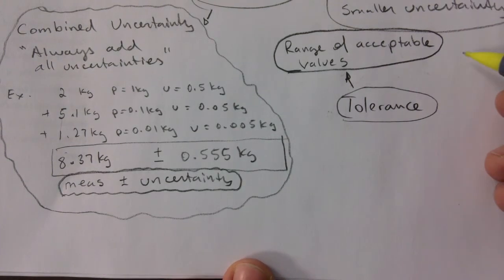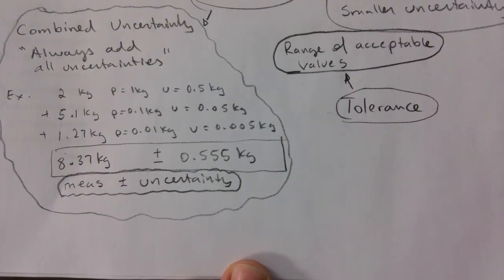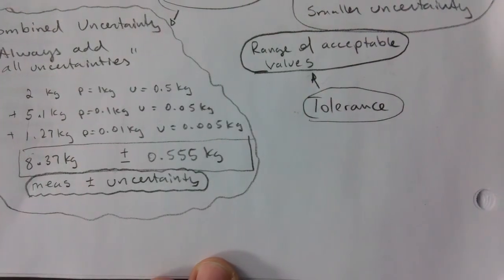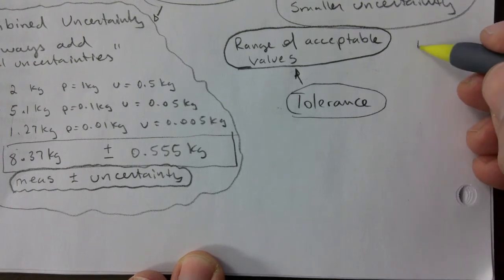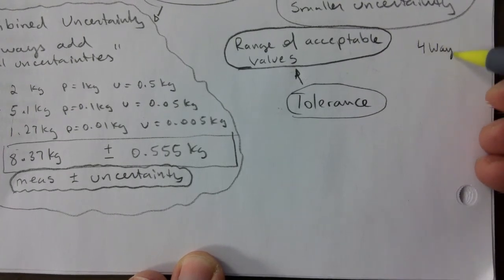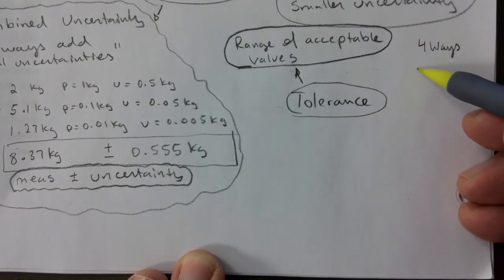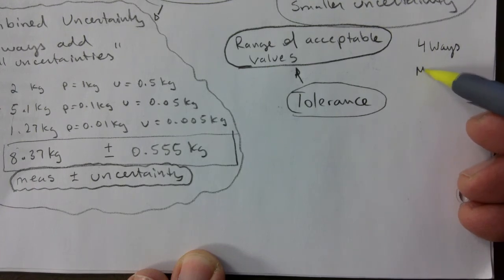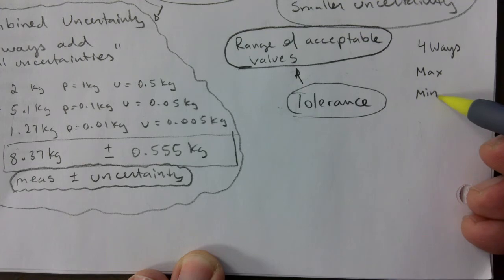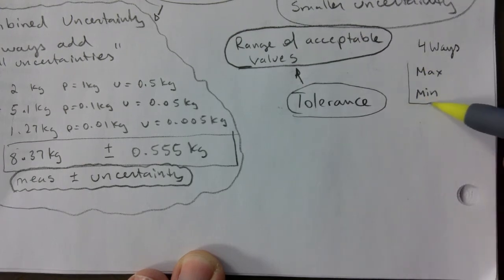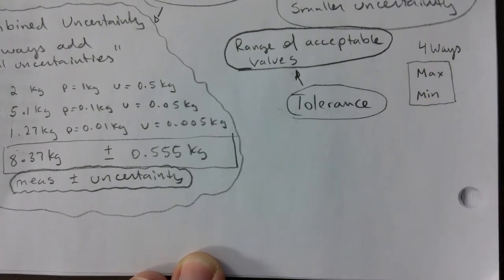I will do the 4 ways to state it right along the side here. Four ways is the max, min. I will box that in because that's one format.